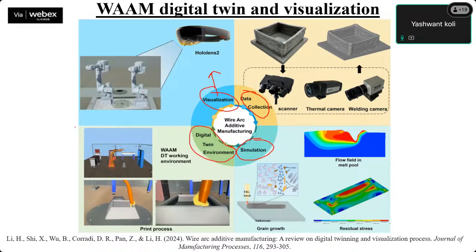So the actual lab can be digitally twinned on your system or on your phone itself, and you can easily get to know what process parameters are currently running without going to the lab itself. By sitting in your cabin, you can use your phone and digitally twin your lab.